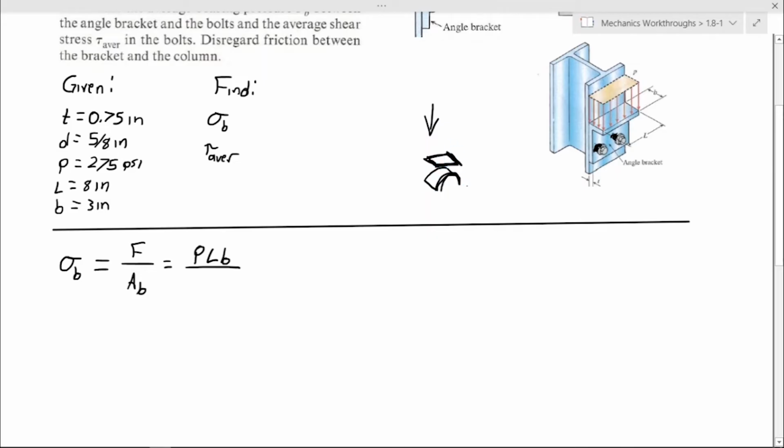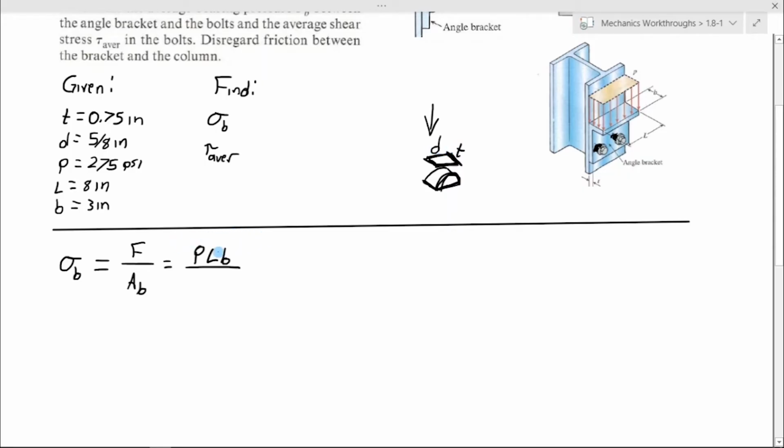And so what are the dimensions of this little rectangle? This length here is not going to change when it's projected. So this side is going to still be the thickness of the bracket. And this one is actually the diameter of the bolt.